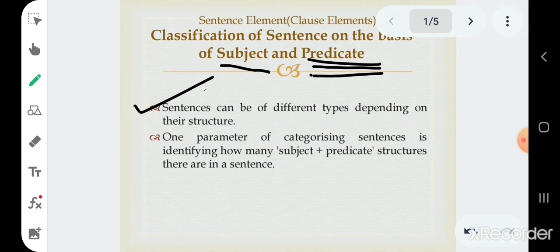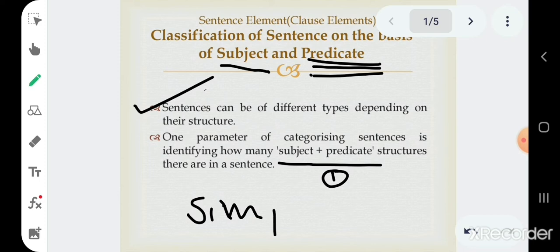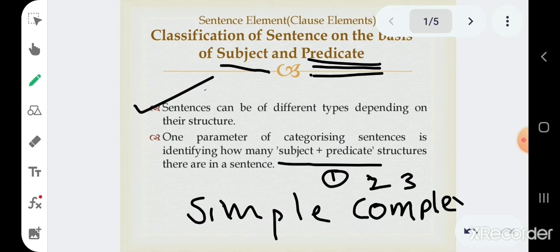If there is one subject plus predicate, only one in a sentence, then it is called a simple sentence. And if there is more than one, meaning 2, 3, then the sentence is called a complex or compound sentence.